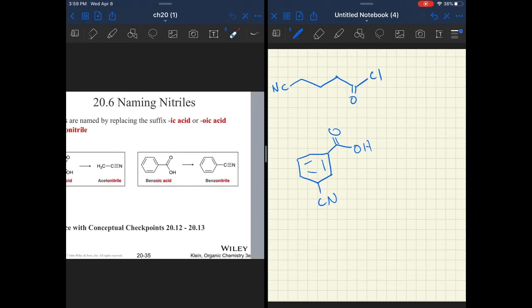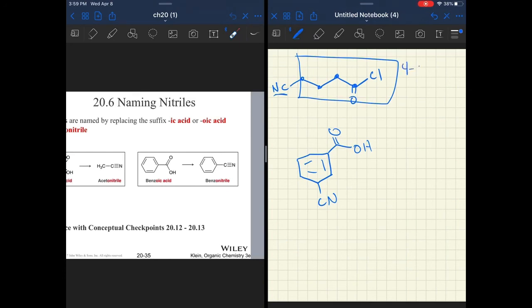So the highest priority functional group for this top example would be 1, 2, 3, and 4. I have to cut it here because the carbon can't be in the substituent and in the parent. It can't work that way. So I have to make this cut here.